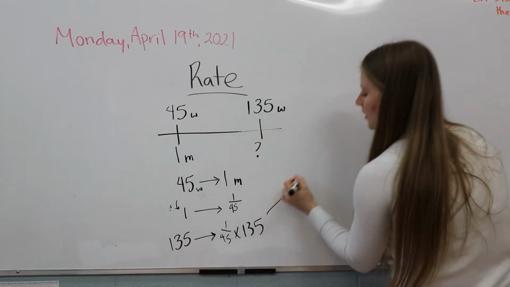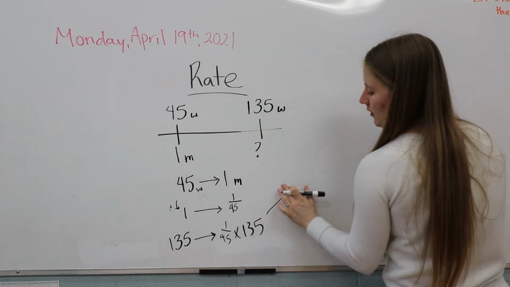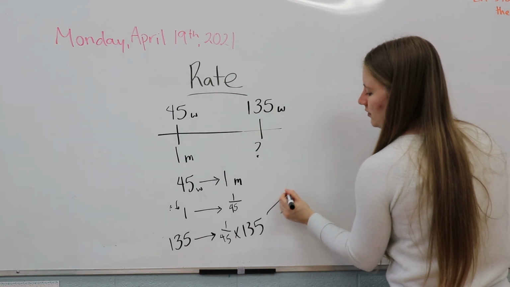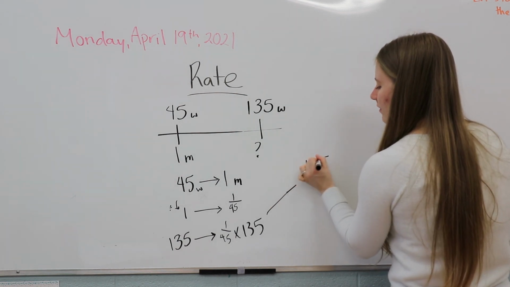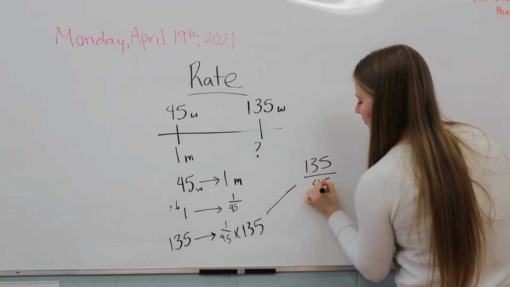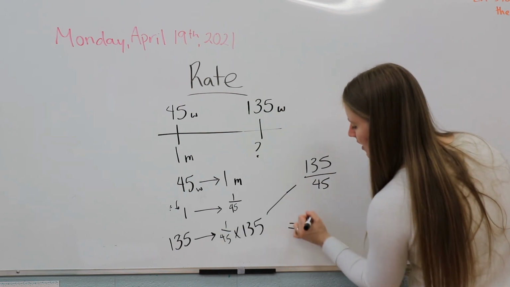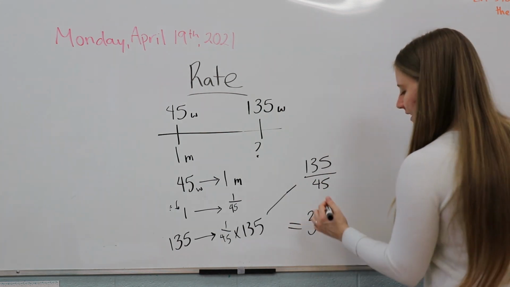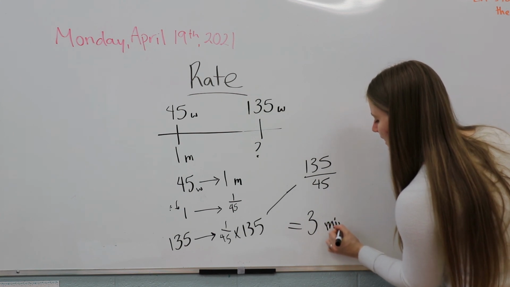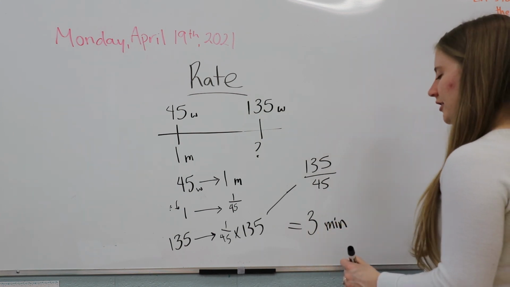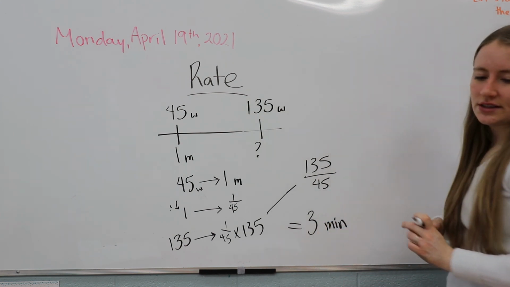I'll just draw a line so we're not confusing. That's 135 over 45, which simplifies down to 3. It takes her 3 minutes to type 135 words.